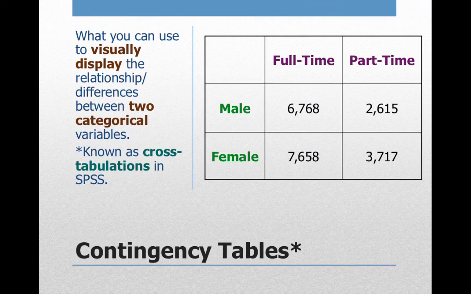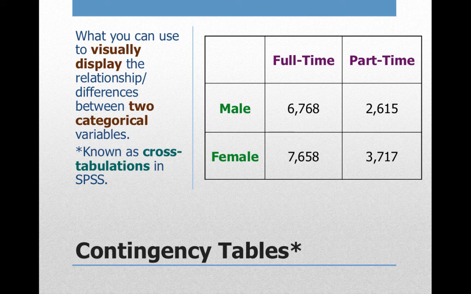One thing that we can use to visually display the relationship between these 2 variables and see the differences is by creating what's called a contingency table, also known as a cross-tabulation or crosstabs in SPSS, and we'll see that verbiage later on. Here we have gender and work status.